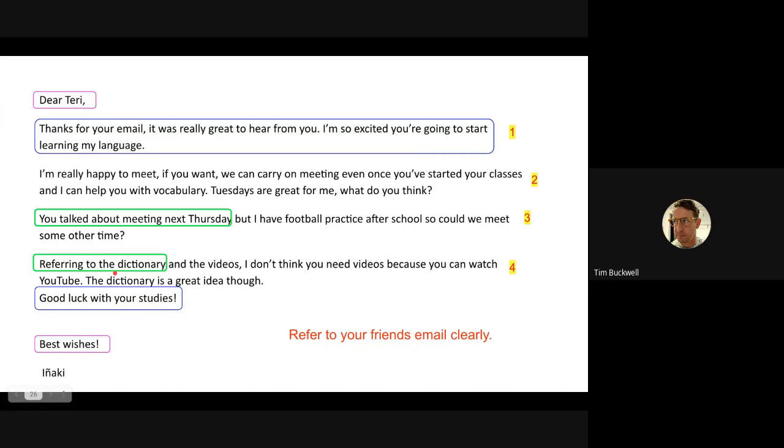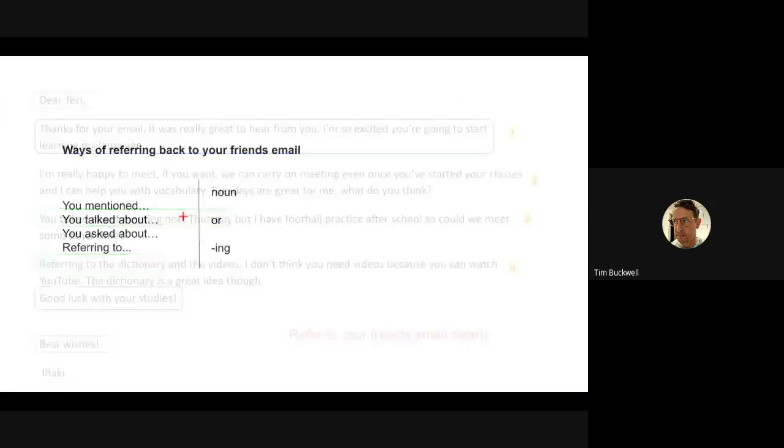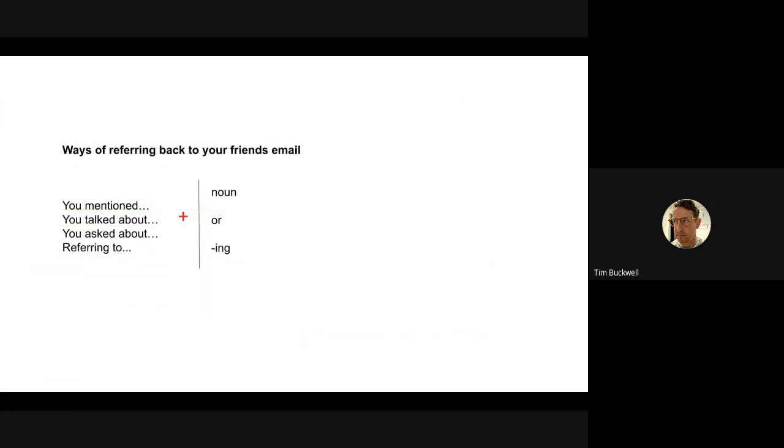This is a way of referring back to the email so it is clear what you are talking about. There are other ways that you can refer back to your friend's email. You can use you mentioned, you talked about, you asked about, referring to, and all of these structures can be followed by either a noun or ing.